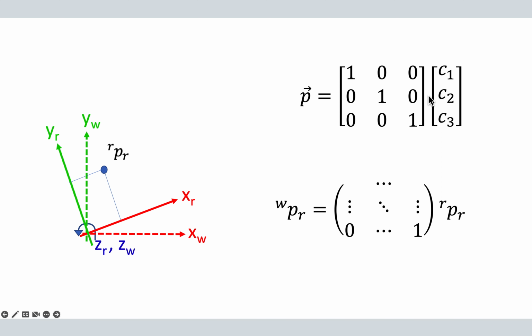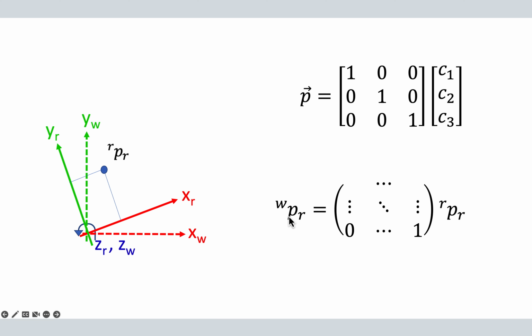We introduced earlier this idea of using coefficients to basis vectors, and in this case C1 would be the contribution along the x-axis, C2 would be the contribution along the y-axis, and C3 would be the contribution along the z-axis, which is 0 here.